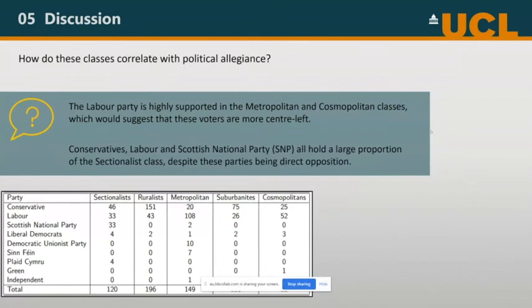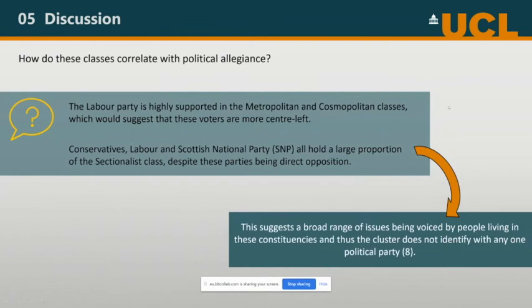And this was a bit strange considering that these parties are kind of in direct opposition. There's not a massive following for the Conservatives in Scotland or Wales. And I put that down to there being a broad range of issues on hand in these constituencies. People are not petitioning based on political allegiance as much as maybe elsewhere.